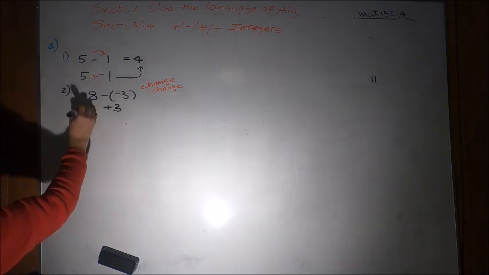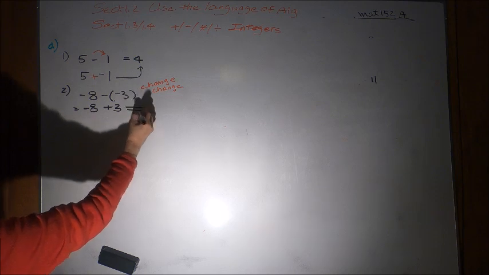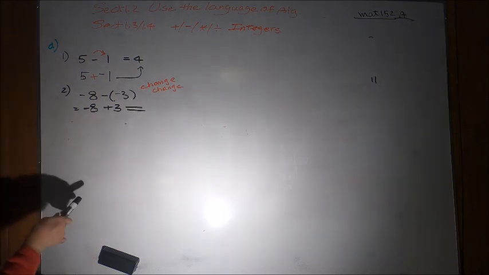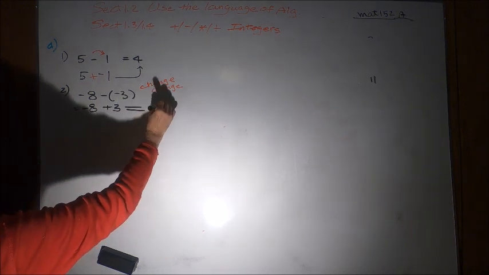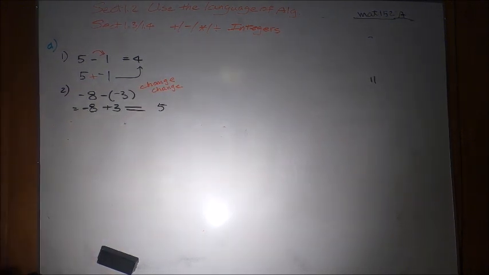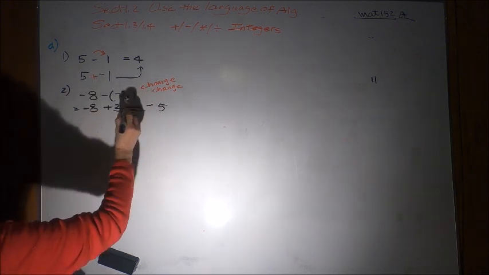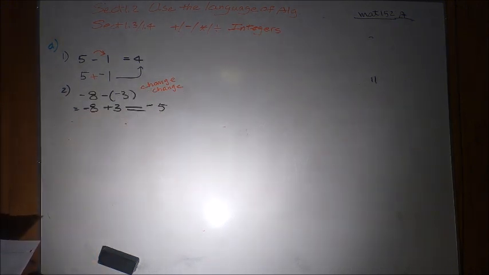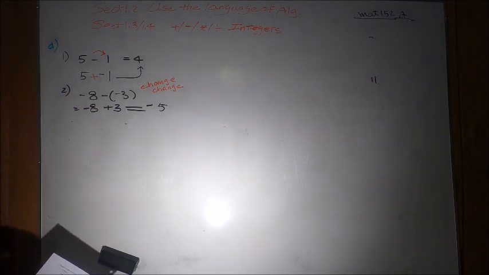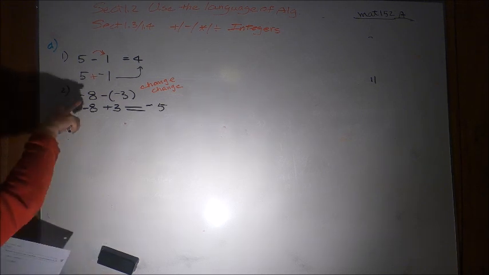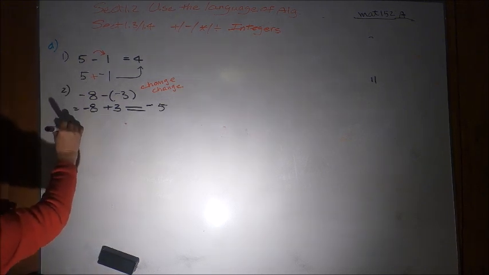So it will be negative 8 plus 3. Different signs, find the difference. 8 and 3 is 5. Then decide your sign, the larger one is negative. That's how you do it. Okay? Don't worry about the rules for subtraction. Just do those things. You'll be fine.